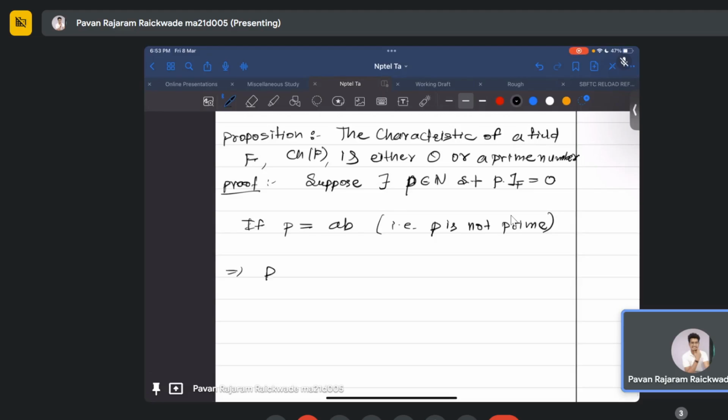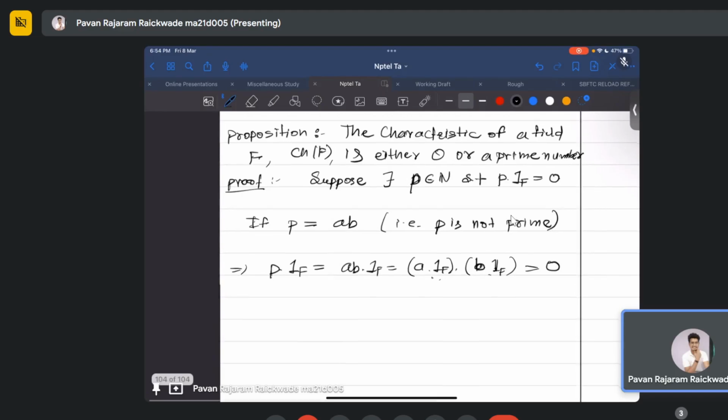You get p times 1, like adding an element ab times, is the same as adding an element a times, then multiplying with the element 1 added b times, right? This is 0. So there are two elements in your integral domain. So when is the product 0?